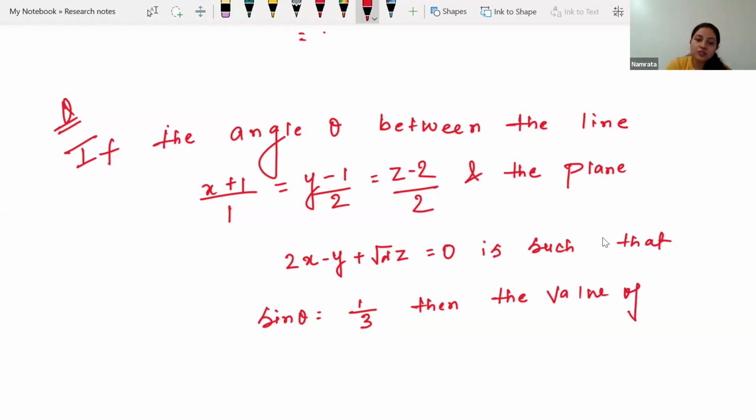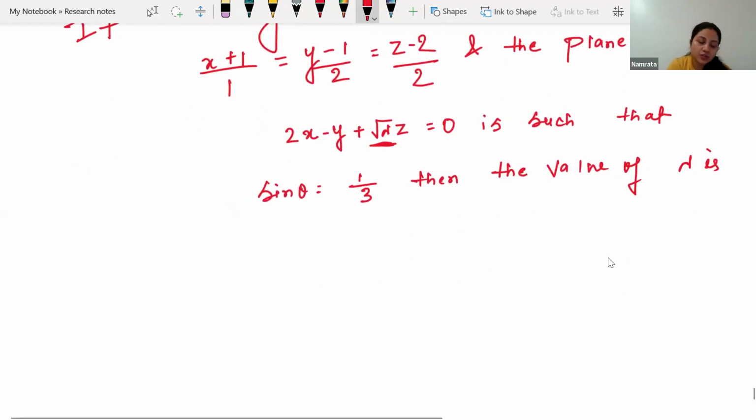Can you see lambda over here? This lambda value we have to find. Options are also given over here.